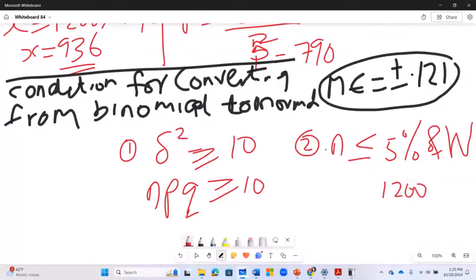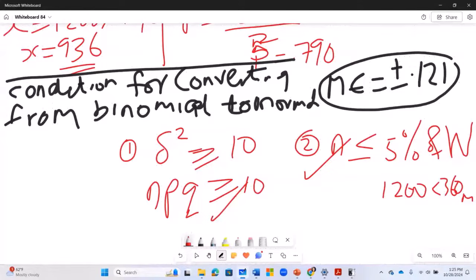1,200 is definitely less than 360 million. We know that. Therefore, condition number two is satisfied. We can check for condition number one. It is satisfied, but let's do that.